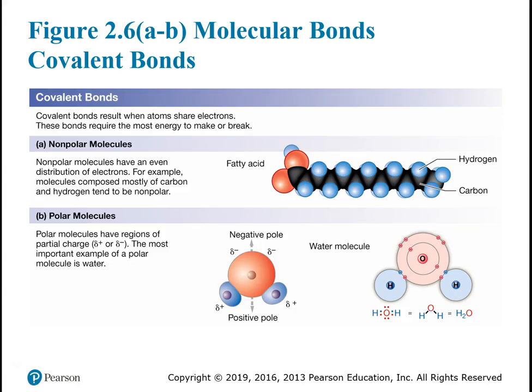It's not always represented that way in every single drawing, but it is a polar molecule, and that is really important for a lot of biological interactions that we see. Basically, the electrons are more attracted to oxygen because it has more protons in its nucleus than hydrogen does. So it gets a slight negative charge, whereas the hydrogens get slight positive charges.